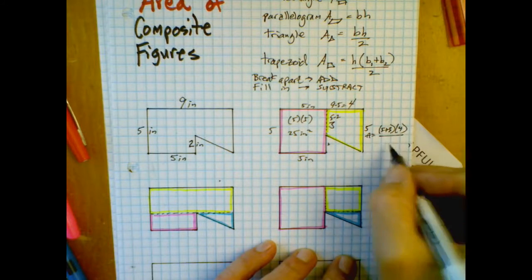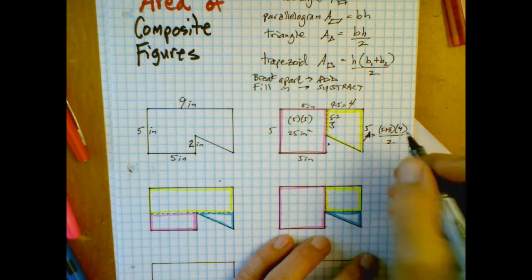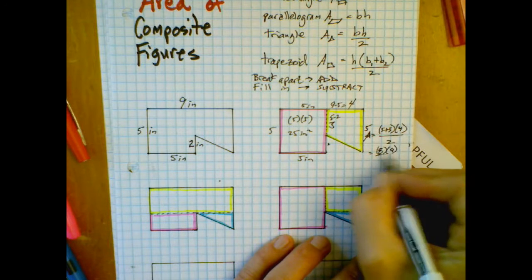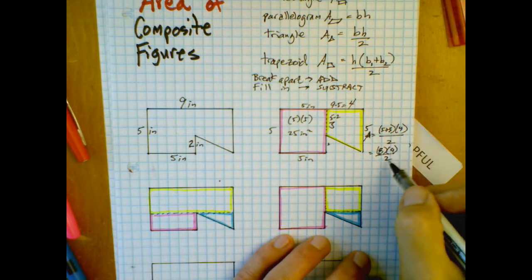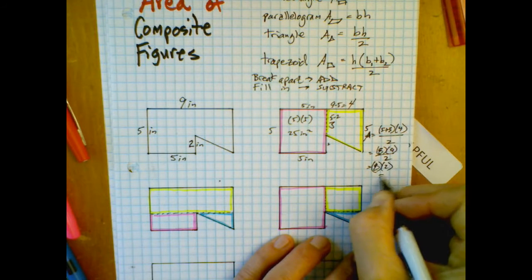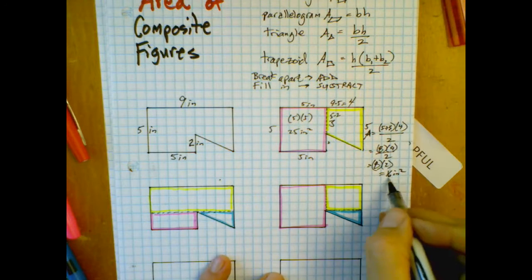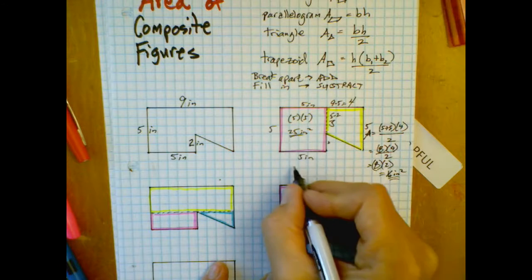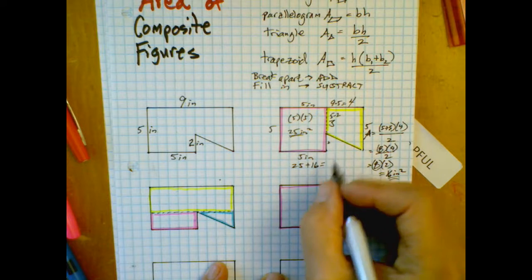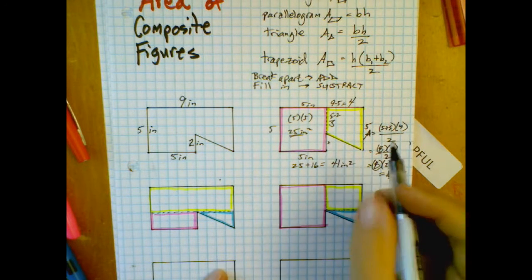And then I have to divide the whole thing by 2. So when I do that, the area is going to be 5 plus 3 is 8, times 4 divided by 2. 4 divided by 2 is 2, so this turns into 8 times 2, or 16 inches squared. So I have 16 inches squared, and I have 25 inches squared, so 25 plus 16 is going to be 41 inches squared.